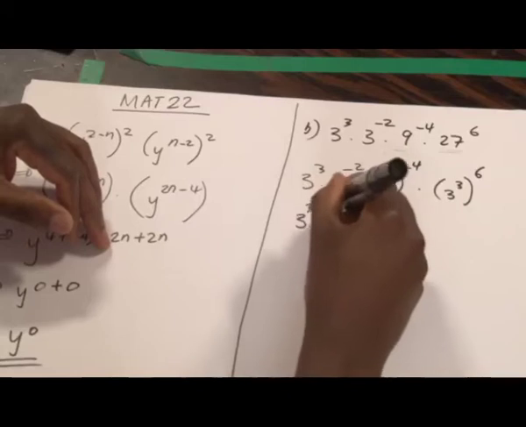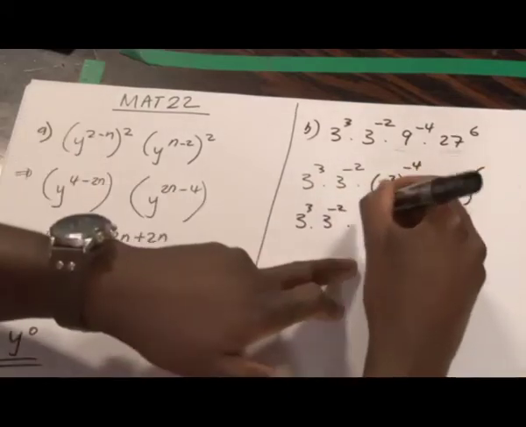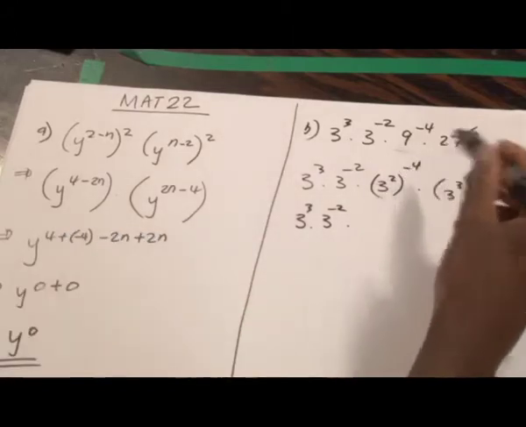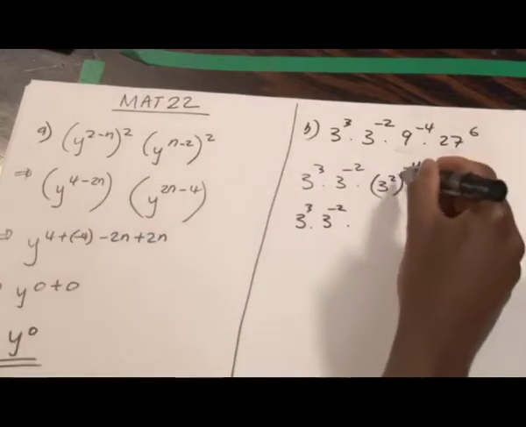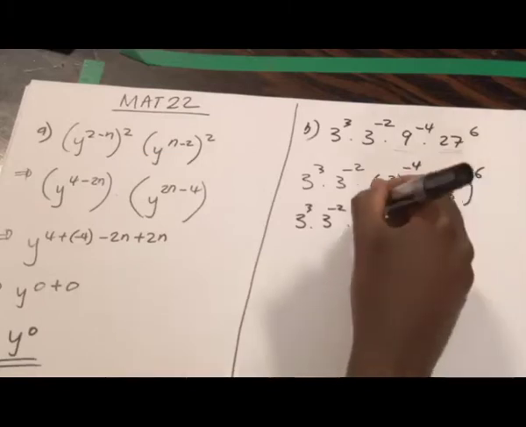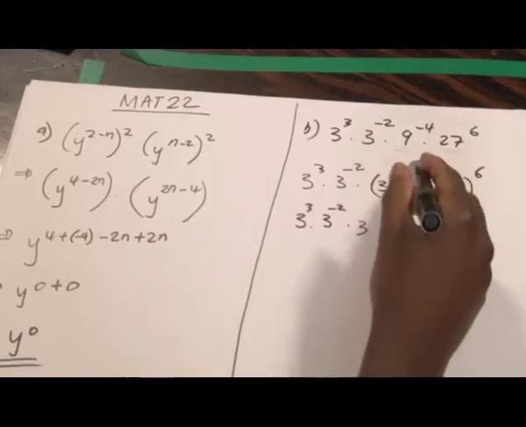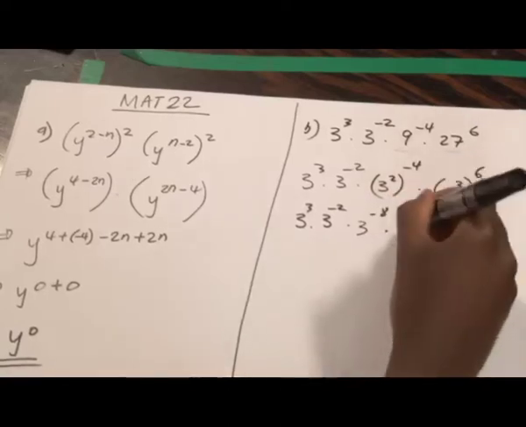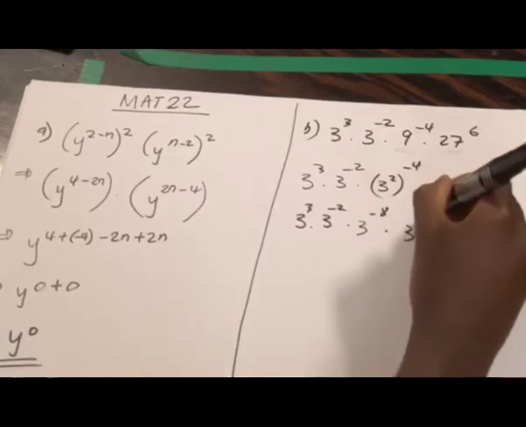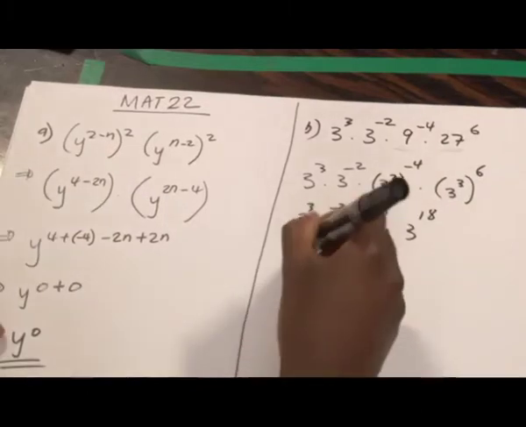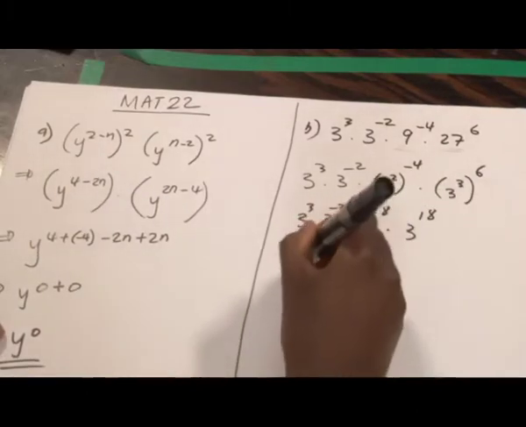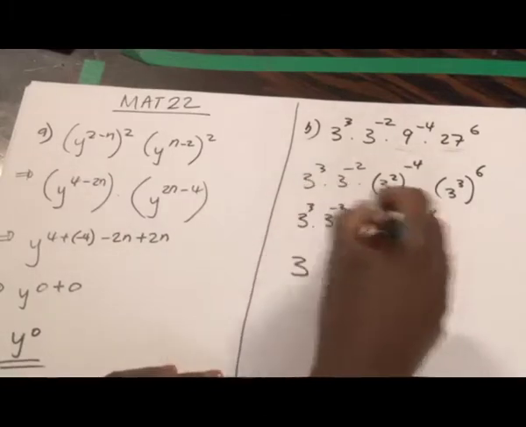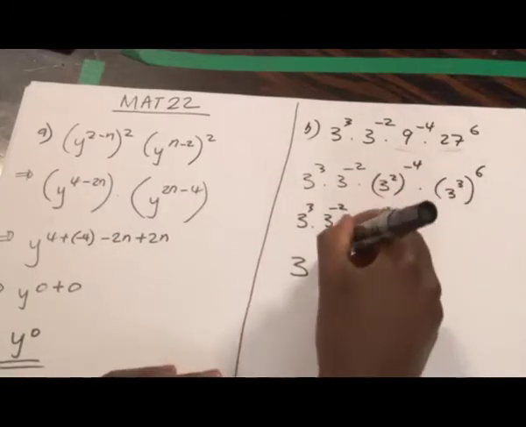Handle the ones in the brackets first. What do you do with the powers? If you have open brackets and then the exponent, you multiply the exponents. 2 times negative 4 gives you negative 8. 3 times 6 gives you 18. That's what you have. Then, since the base is the same, you now only handle the exponents or the powers. In this case, you add them.